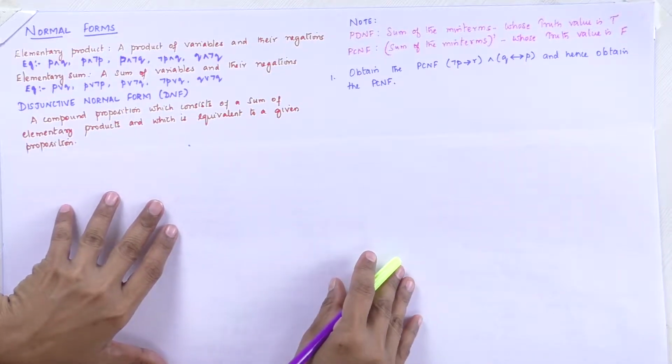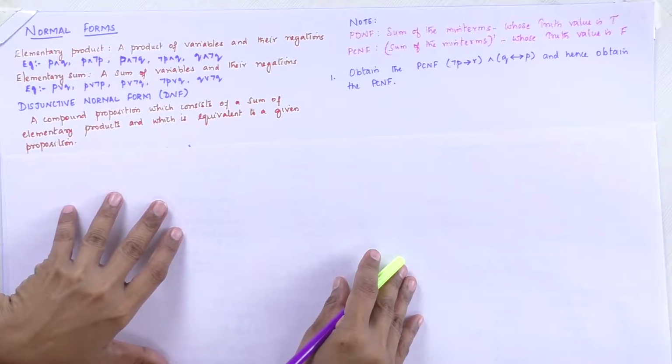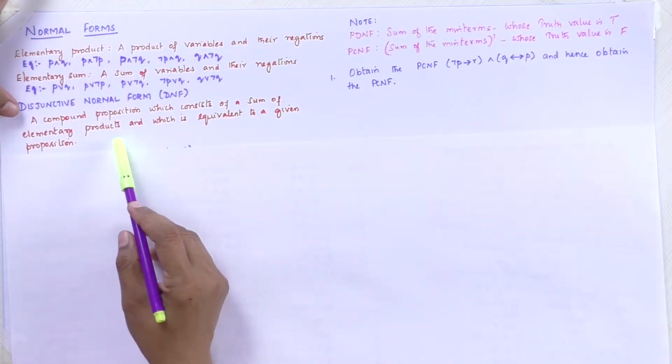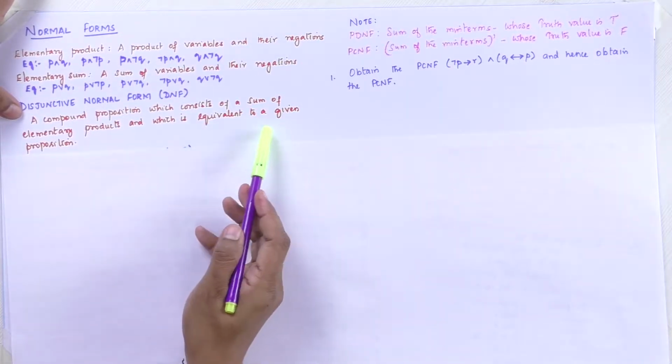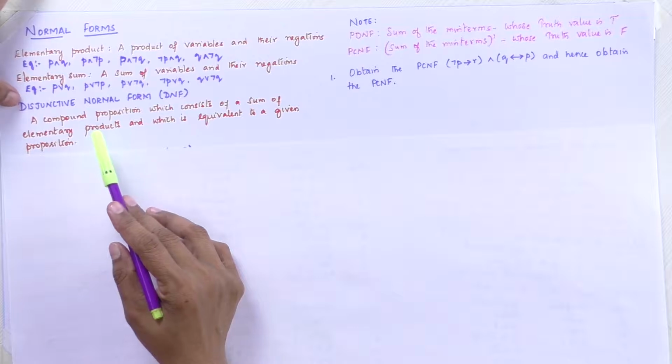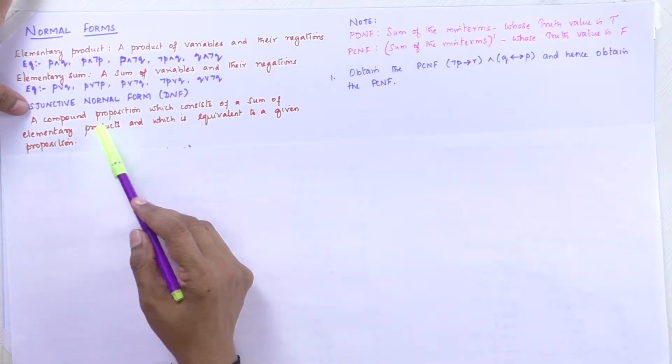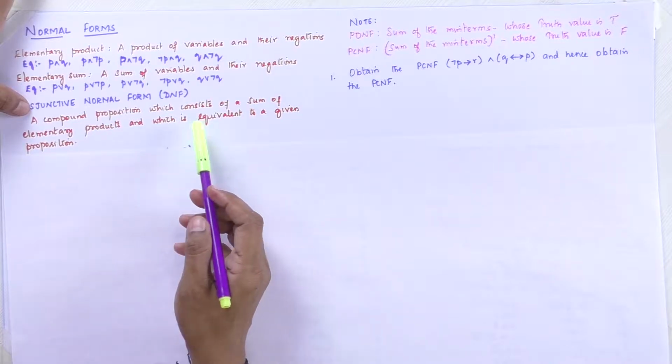The definition says that a compound proposition which consists of a sum of the elementary products and which is equivalent to a given proposition is called disjunctive normal form. Understand? So it is a compound proposition which consists of a sum of the elementary products and which is equivalent to the given proposition.